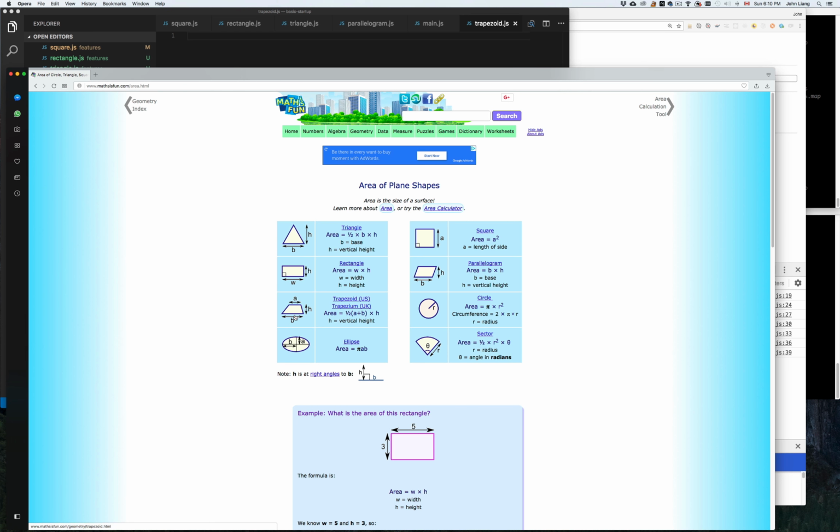The addition of these two divided by 2 times the height. So the trapezoid is again half of the parallelogram, but it is just that we take kind of like an average of the top and the base. And in this particular case, trapezoid is kind of like the triangle which we use parallelogram.